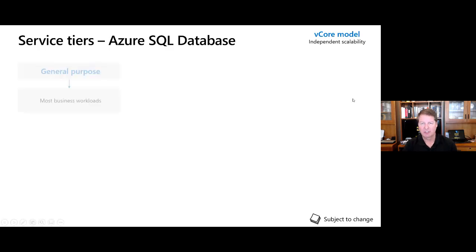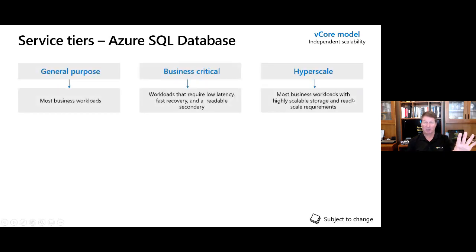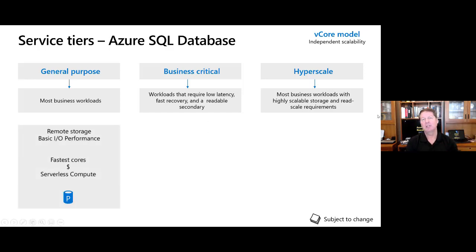So let's talk about these service tiers here. Notice this time I still get a general purpose, I still get a business critical, similar to what I got with a managed instance, but I get a new one, something called hyperscale, which we'll talk about in a second. Now for general purpose, very much like you had with managed instance, you're going to get remote storage, basic IO performance, but notice here that the fastest core options, remember there are multiple hardware choices you get with Azure Database, the fastest CPUs available, those come from a general purpose service tier.